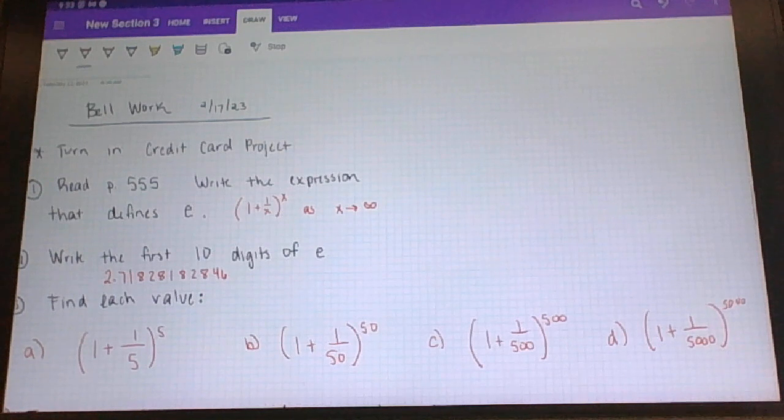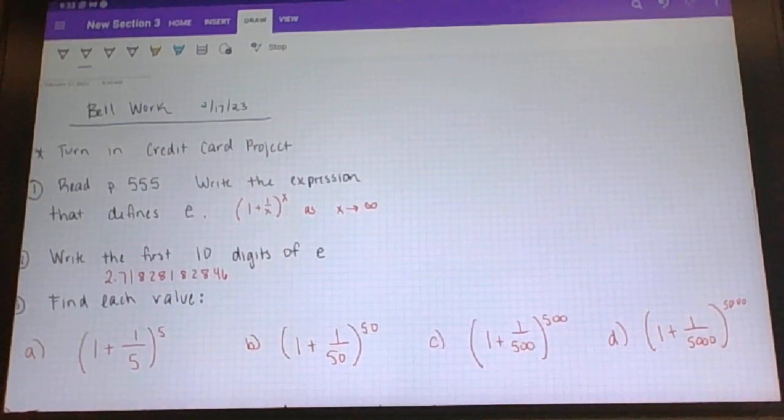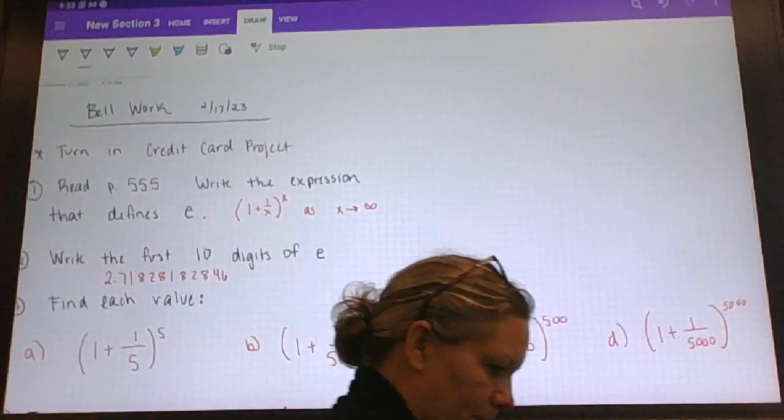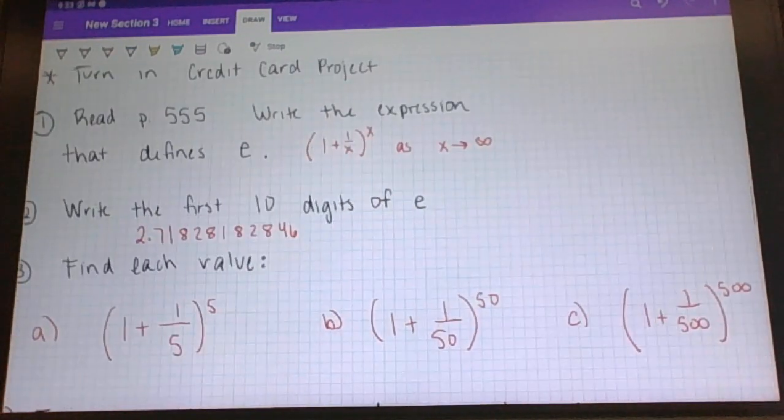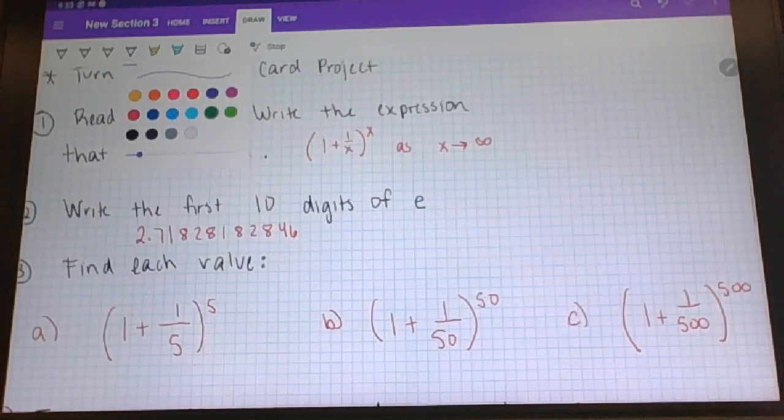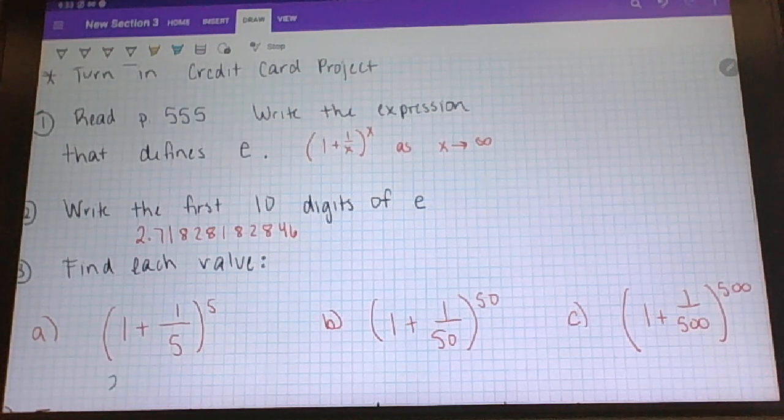Let's go 2 decimals. Let's do 3 decimal places. Let's see what we get here. So with just a 5 in the denominator and the exponent, 2.488. With a 50, 2.69.